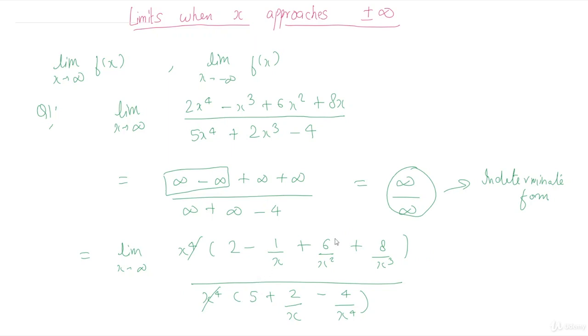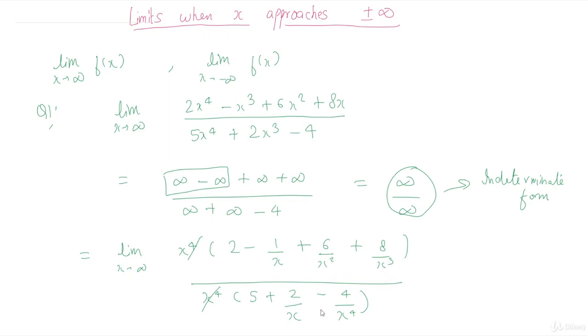Now you might be a little clear why we did this. In the remaining part of the numerator and denominator, it's now quite easy to plug in x equal to infinity. When x approaches infinity, 1 by x will approach 0, and 6 by x square will also approach 0.